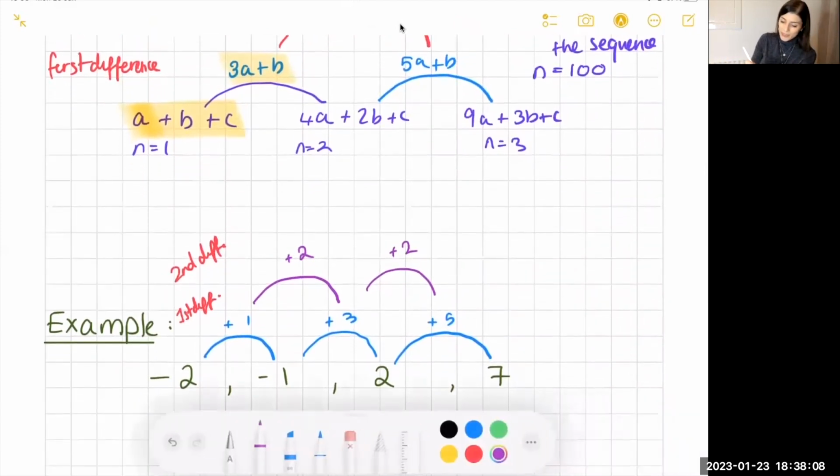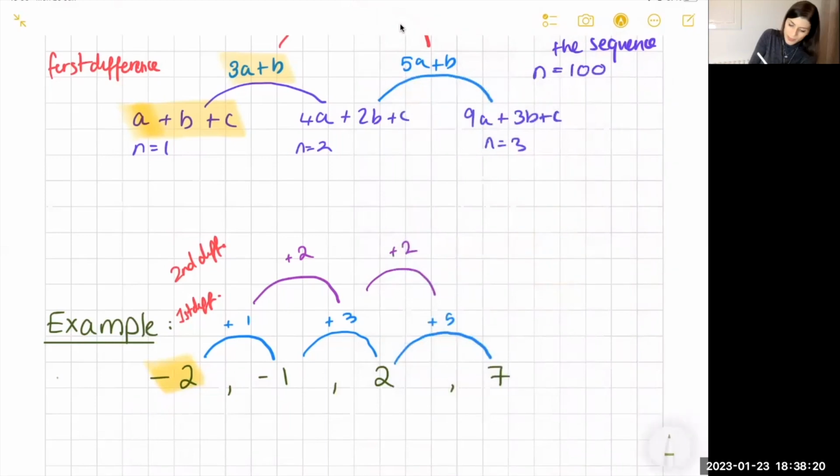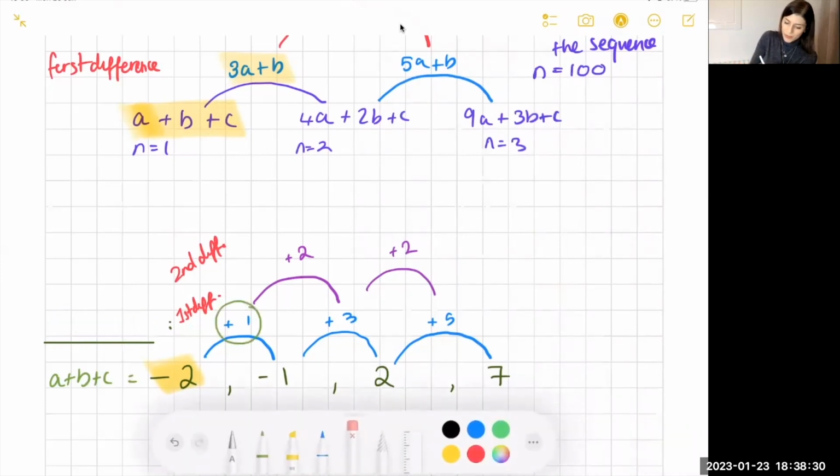So what you say is, this is our a plus b plus c. So we say a plus b plus c is this. This term here is your 3a plus b. This is your 3a plus b is equal to 1.